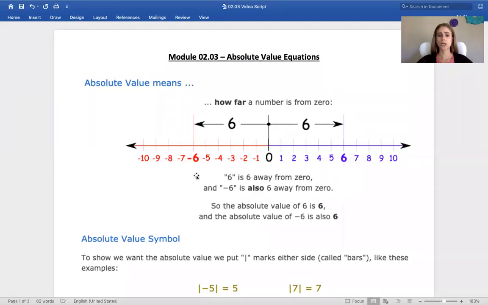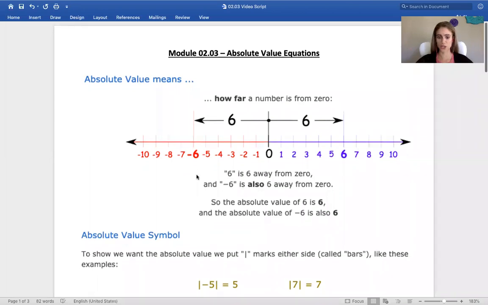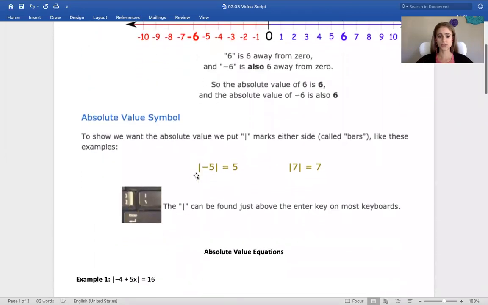The way that you will recognize that you need to take the absolute value of something is by symbols. The absolute value symbols on either side are these bars. That tells you that you need to take the absolute value. You're looking for distance, so you're looking for how far away from zero, which is a positive value.